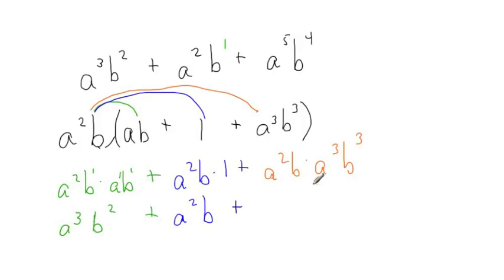A squared times a cubed, adding the exponents, gives me a to the 5th. This b, I can write an exponent of 1. 1 plus 3 is 4, so I'll get b to the 4th. I should check to make sure that what I ended up with after I distributed is the same thing that I started with before I factored. And indeed, in this case, it is.